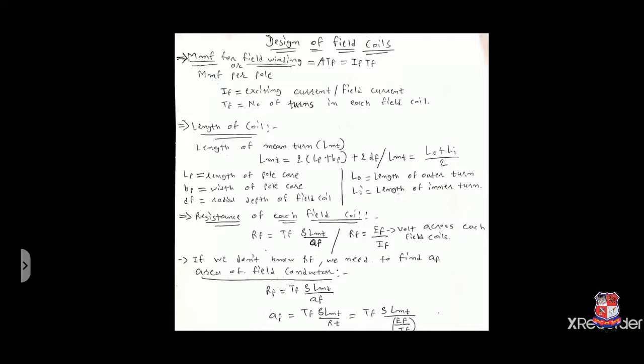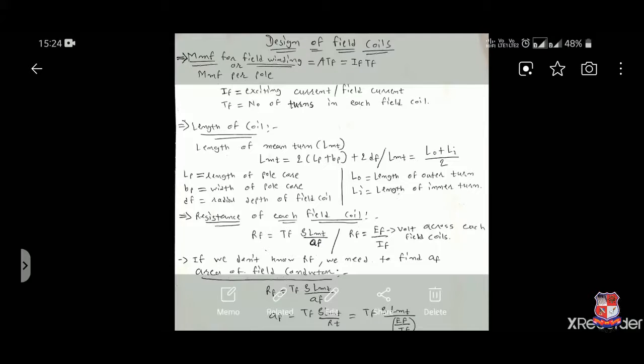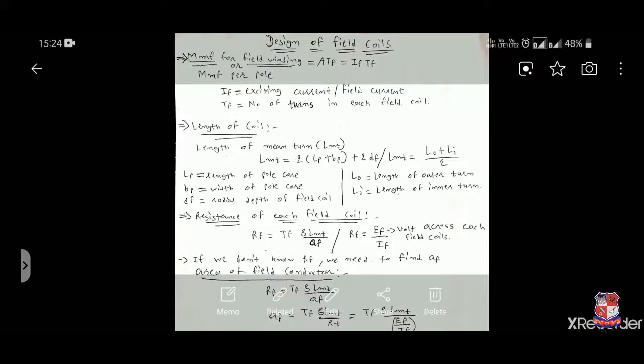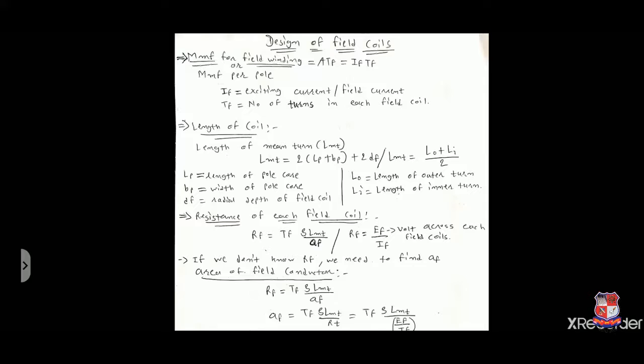In any numerical, the MMF for the field winding is always required. It may be given or we need to find it. For that there are basic equations called ATF and IF into TF. The MMF for the field winding is denoted ATF, F for field winding, its unit is ampere, and its equation is IF into TF.